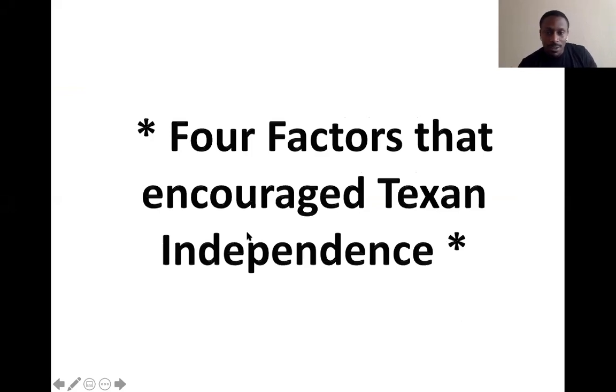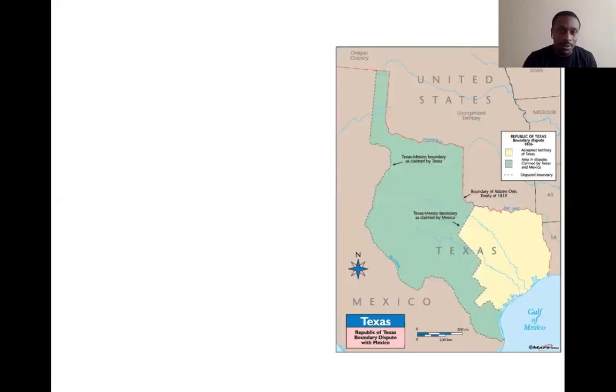So, four factors that encouraged Texan independence from Mexico. If you look at this map, you'll see the Republic of Texas. At one point it was a part of Mexico, but they wanted to achieve independence from Mexico because much of the land in Texas was uncharted, unclaimed.